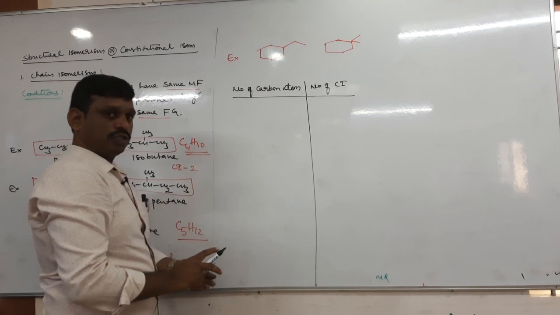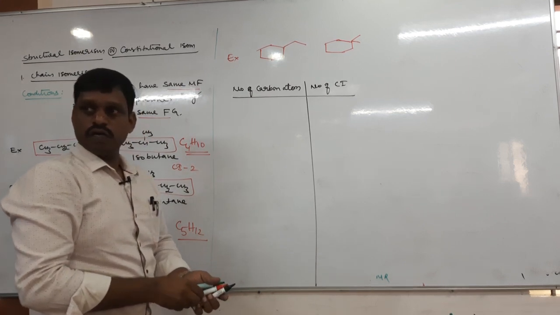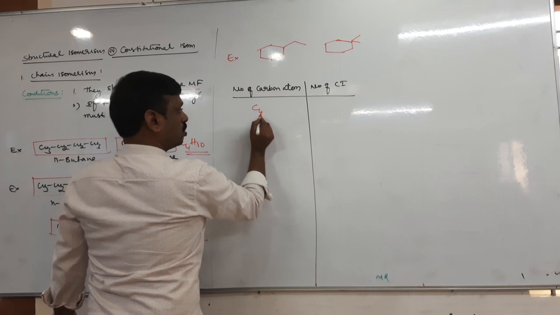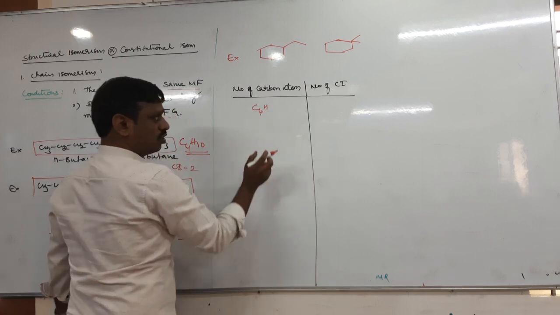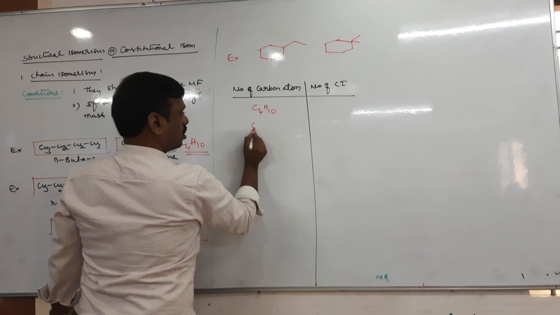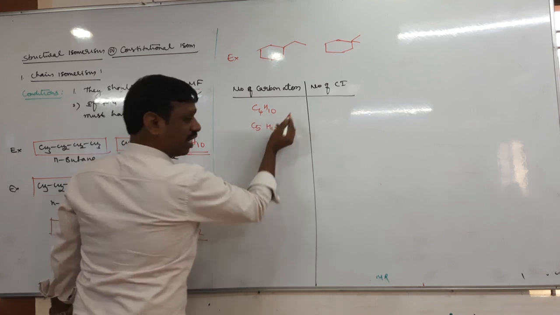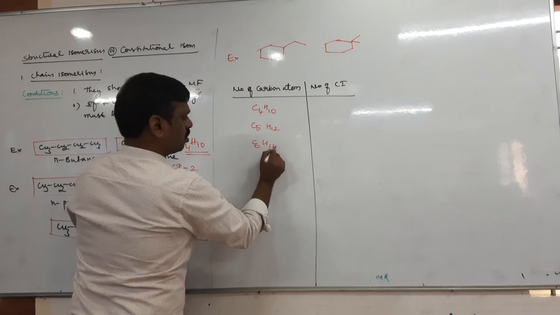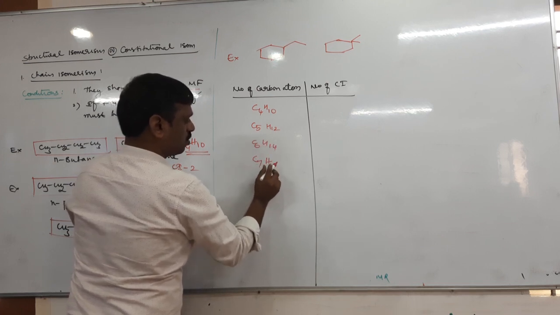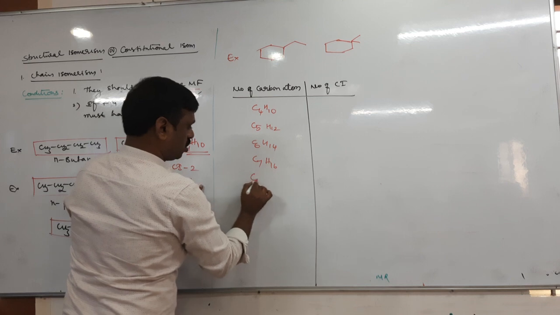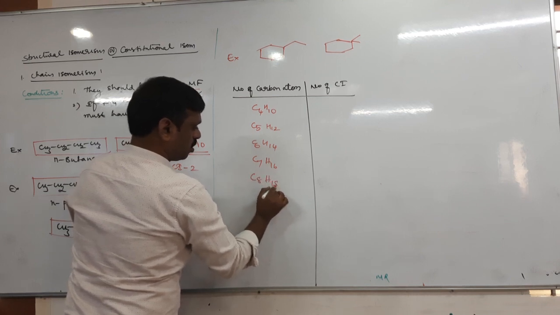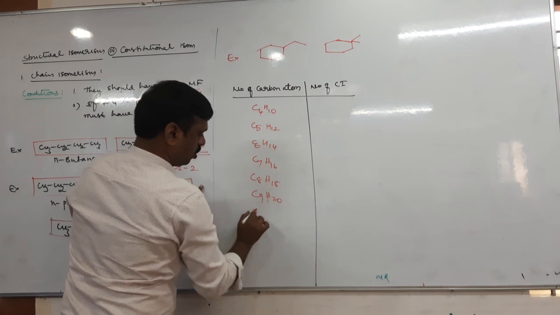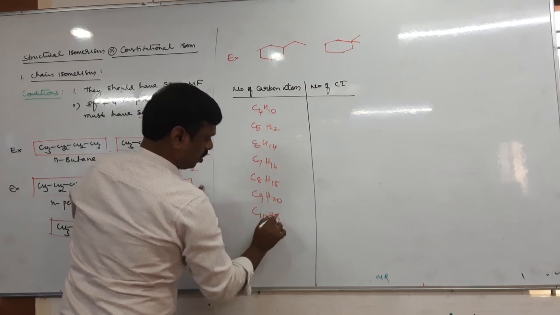Okay, so take one important data. Number of carbon atoms, let us take 4. So with 4 carbon only possible, no? C4H10, C5H12, alkanes. I am writing alkanes. C6H14, C7H16, C8H18, C9H20, C10H22.